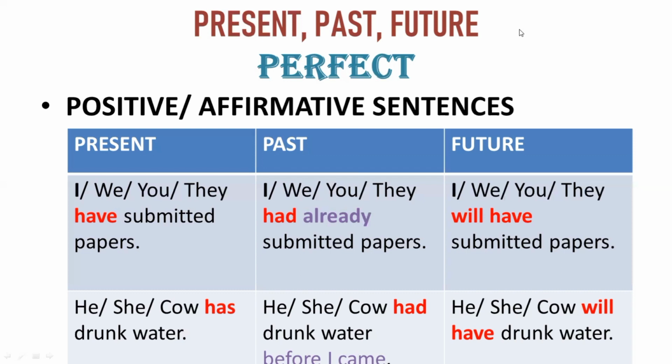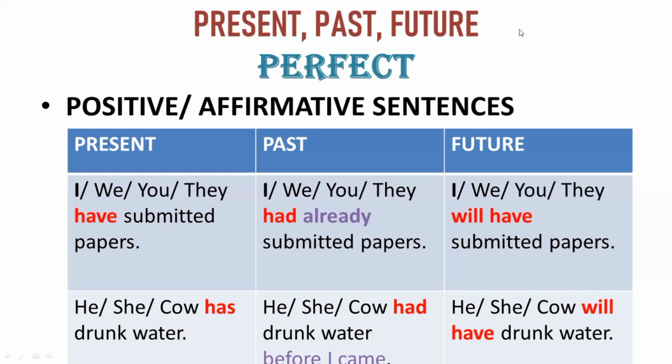One thing you have to keep in mind is that past perfect is used to describe an action that was completed before another action took place. So it makes use of words like already, before, when, etc. Because if you use it without these expressions, it does not give sense. So that's why we have to use words like already, before, something that already happened.